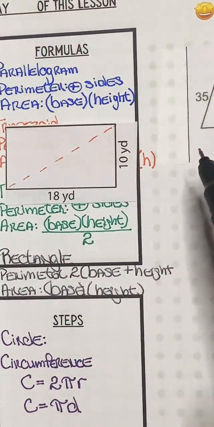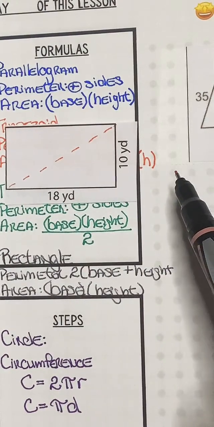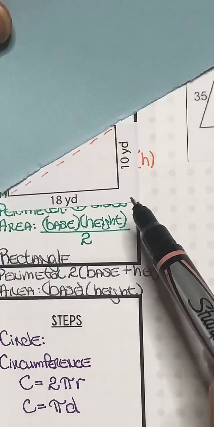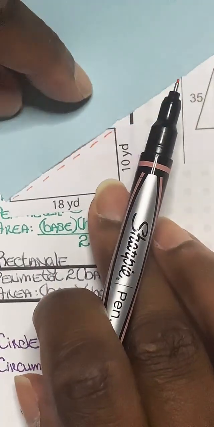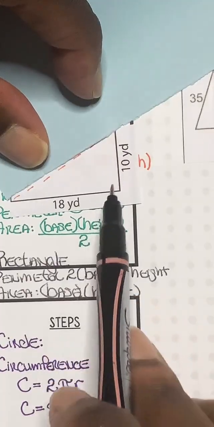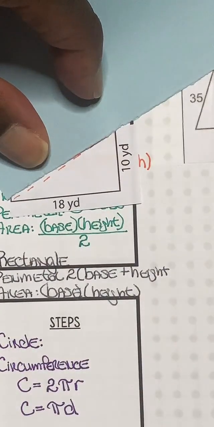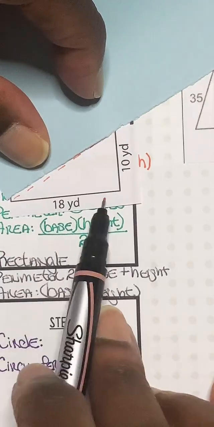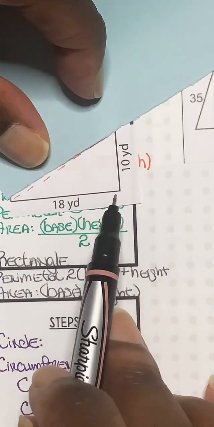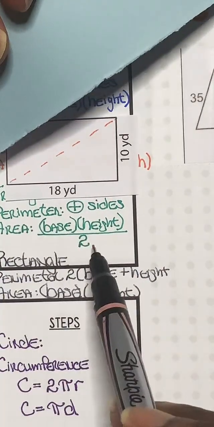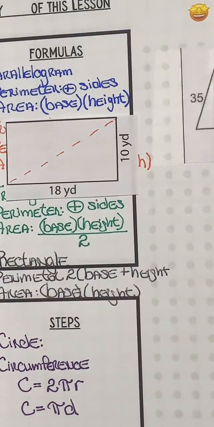But to get that triangle, I would have to take half of it away. Now I've got the triangle itself. So a triangle is your base times height, just like a rectangle, but I have to take half of it, so I divide by 2.